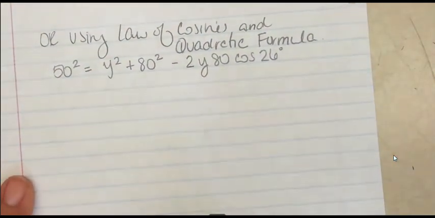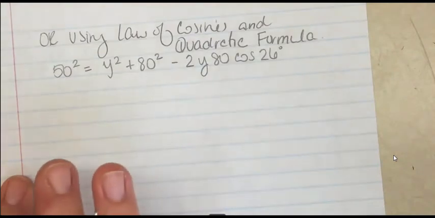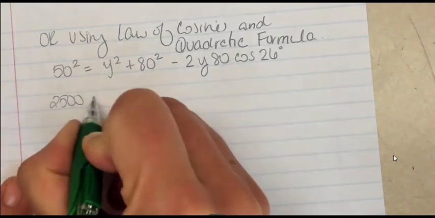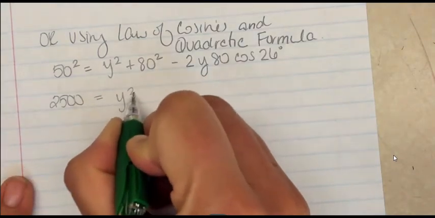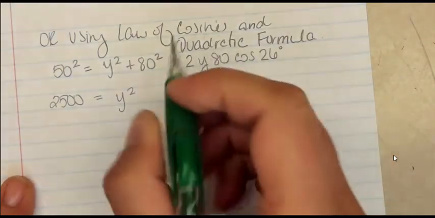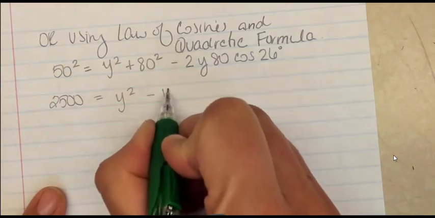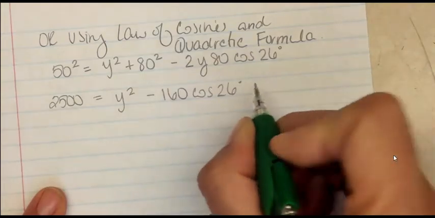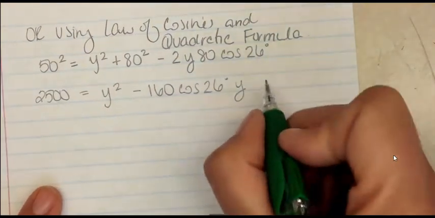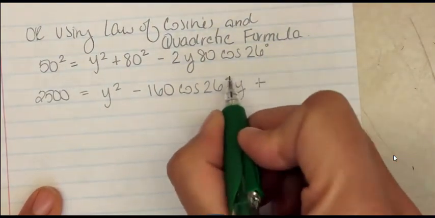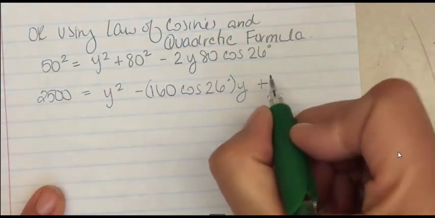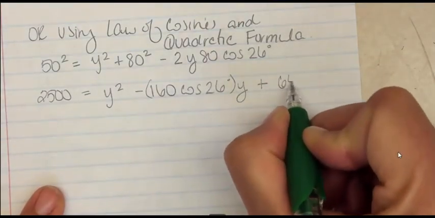Now this becomes really interesting. We can actually turn this into something that looks very familiar to us. So I'm going to keep this as 2500. This is y squared. Now I'm going to take this term and call that negative 160 cosine 26 degrees y, and maybe I'll put that into parentheses so that you can see, plus 80 squared, which is 6400.